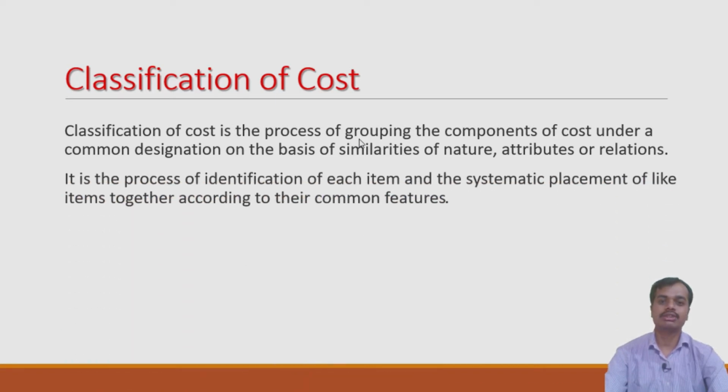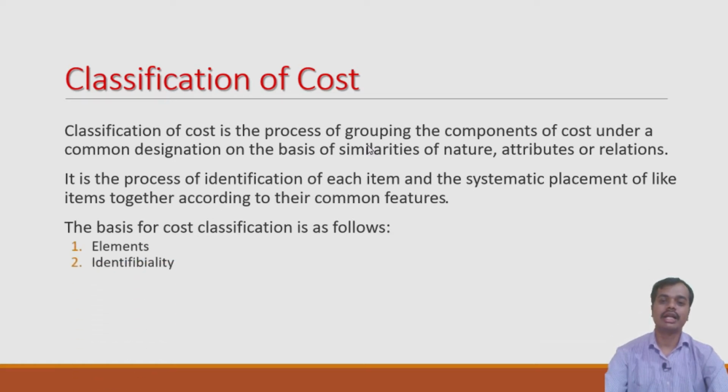It is the process of identification of each item and the systematic placement of like items together according to their common feature. The basis for the classification is as follows: elements, identifiability, functions, behavior, time, controllability, normality, and association.